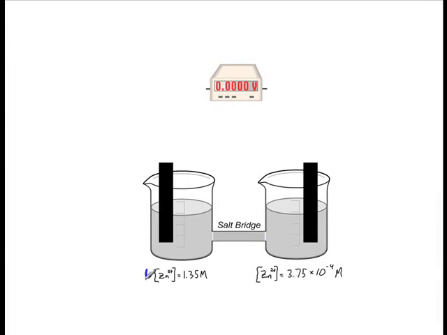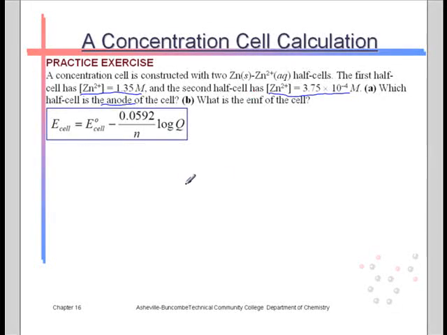This one's going to drop, and this one is going to increase over time until they reach some common concentration, and then the voltmeter will shut off. Our goal in this problem is to establish what this looks like: which side is the anode, which side is the cathode, and then ultimately calculate what the potential for this voltaic cell is going to be. And we'll be using our old friend, the Nernst equation.